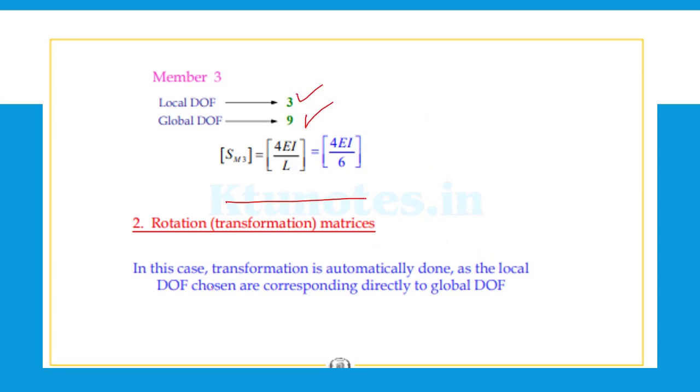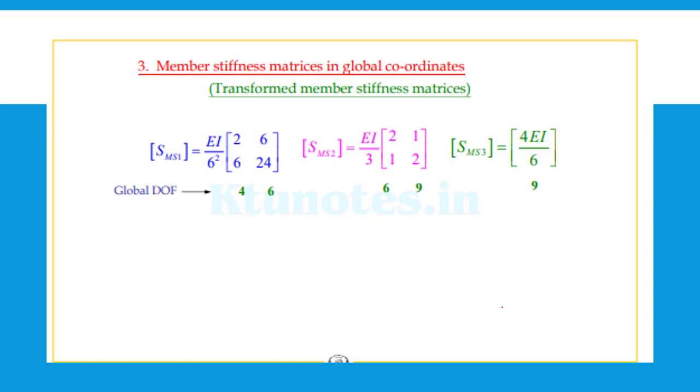So to get the value, the transformation is automatically done, as the local DOF is chosen corresponding to the global degrees of freedom. So we are adding it at the global level. We don't need to convert it directly.